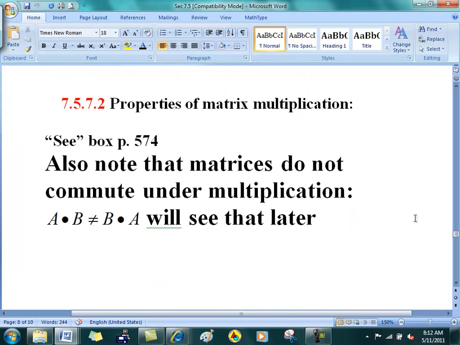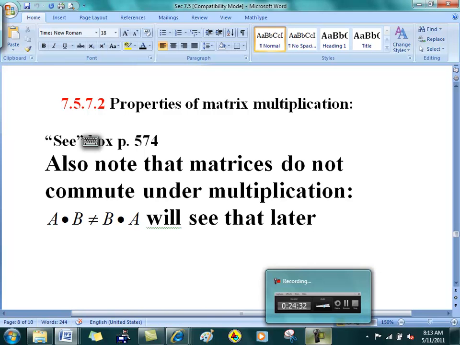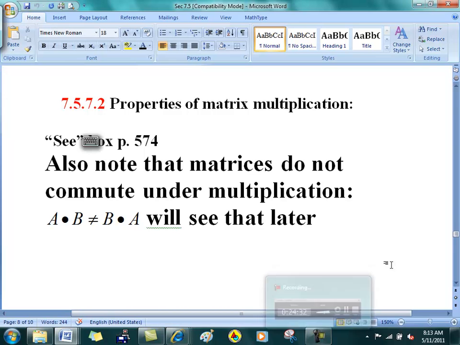Properties of matrix multiplication on page 574. And notice this really important statement here, okay? Do not commute under multiplication. And I'll explain that to you in a minute. So get that down. And take a look at page 574 to get the properties of multiplication of matrices.